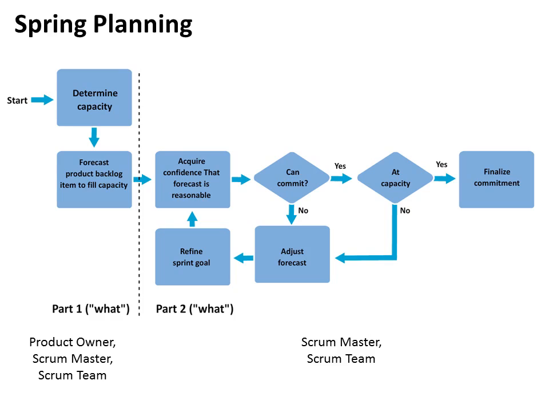Now, sprint planning 2 is actually without the product owner's presence, and most of the discussion is around how the team will approach the task at hand, and ensuring that it can be done.